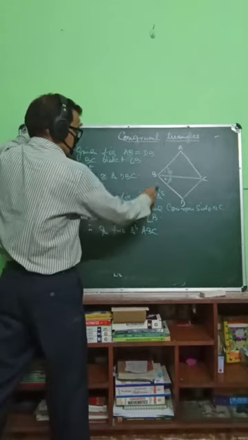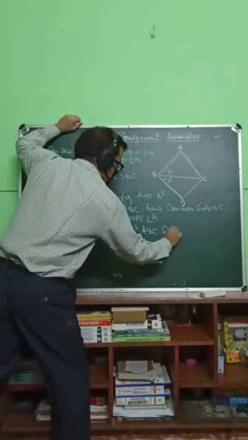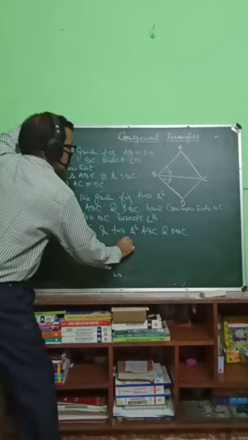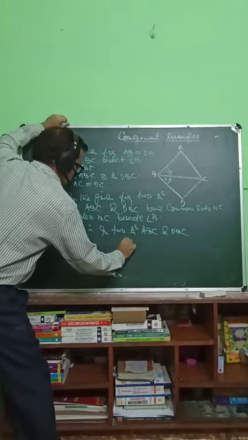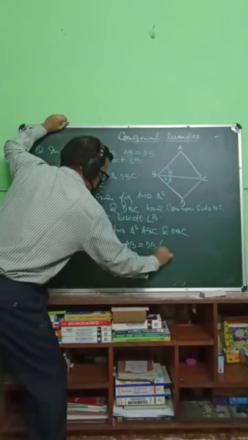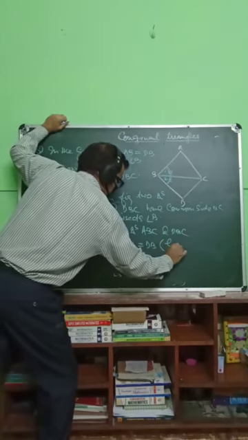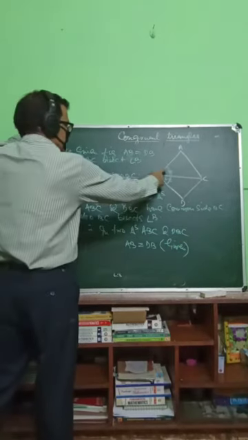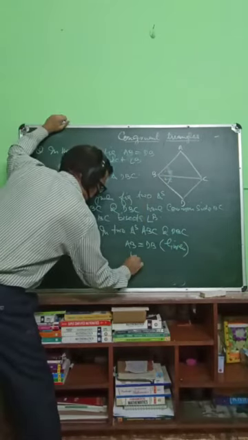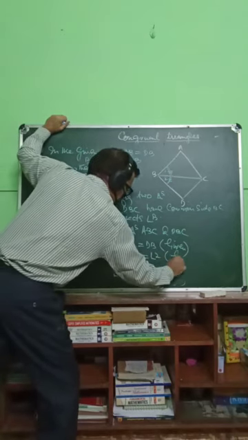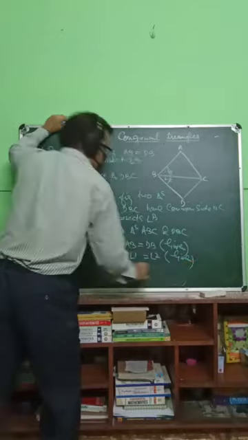In two triangles ABC and DBC, it is AB is equal to DB. It is given. Second one is angle 1 is equal to angle 2. It is also given because it bisects.